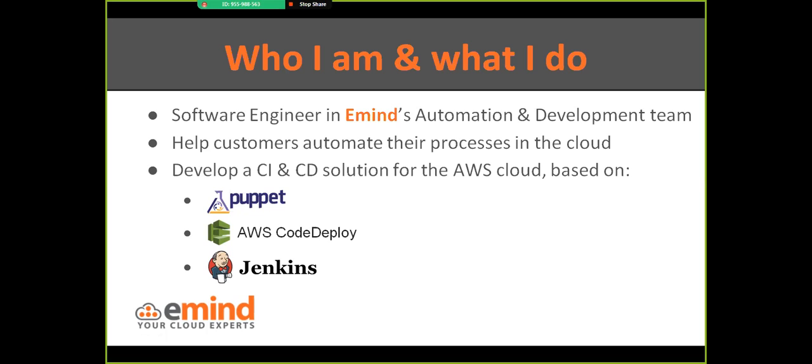The solution was developed for both Linux and Windows, and is centered around the three components Oron already mentioned, which are Puppet for configuration management, CodeDeploy as a deployment coordinator, and Jenkins as the orchestrator of the build and deploy system.